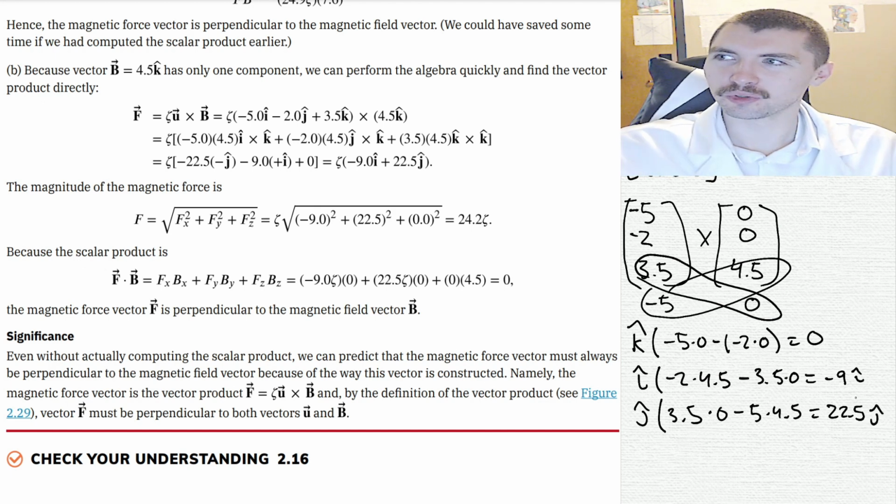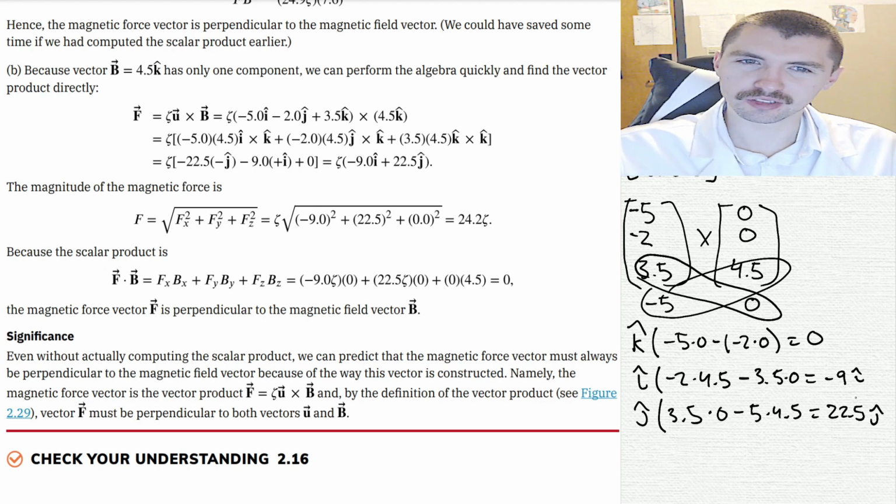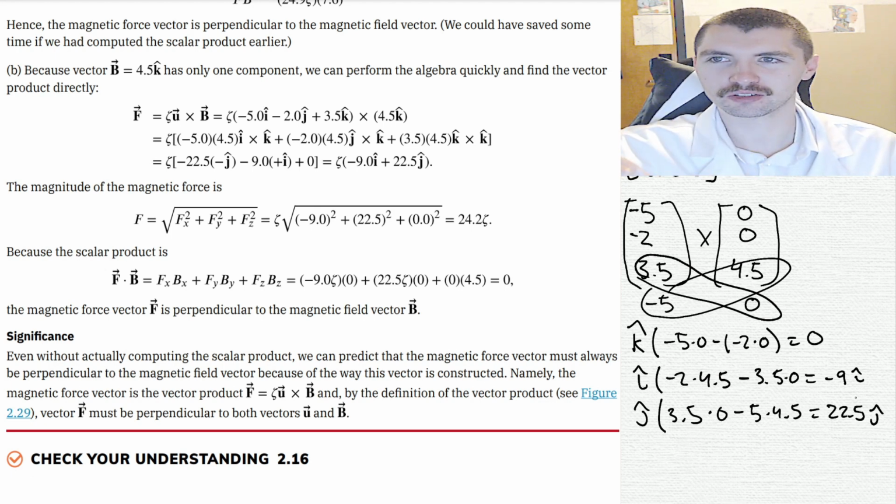So when you know what you're doing, I think my method's easier than distributing out the cross. You can just do that. That seems a lot better than what the book's doing.